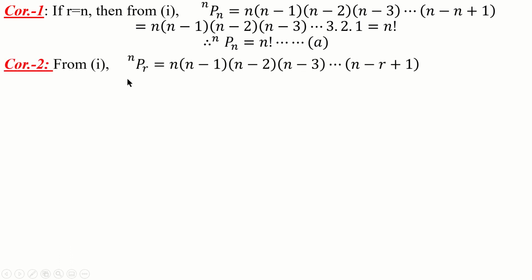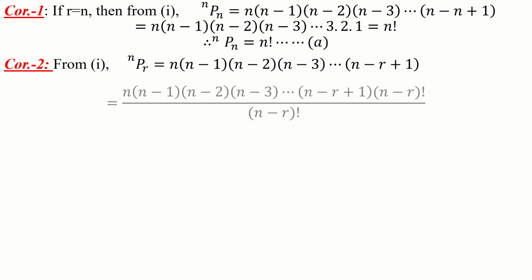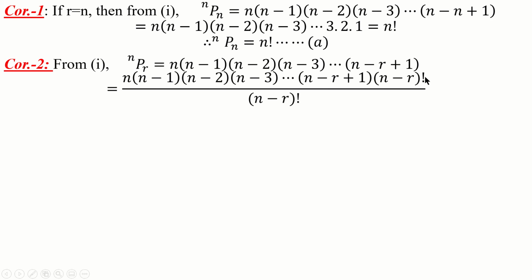Corollary 2 from 1: again, nPr equals this. Now multiply both numerator and denominator by n minus r factorial. As here is n minus r factorial and it started from n, so n into n minus 1, n minus 2, dot dot dot, n minus r plus 1, into n minus r factorial means n factorial.